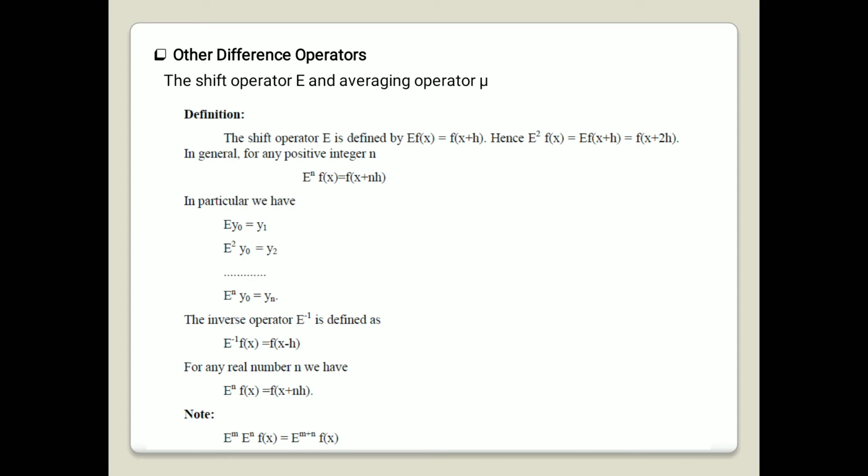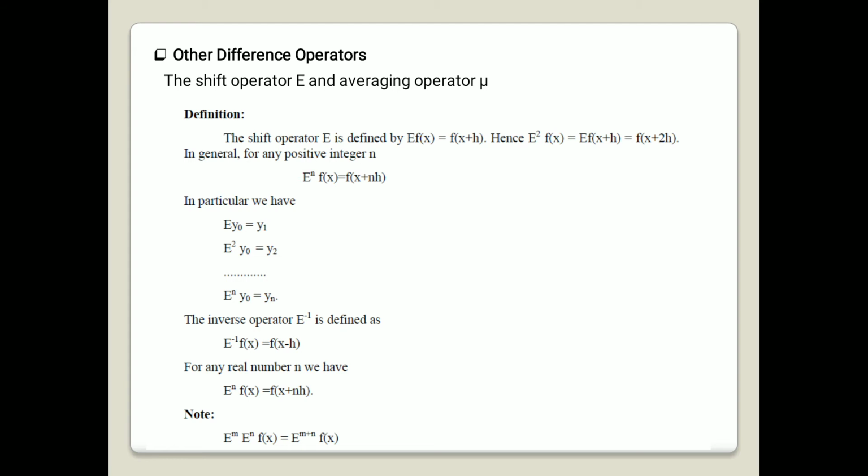It means here we have to take a decrement in the value of function f of x by the power of E. Here the power of E is minus 1, so we take a decrement in the value of x by 1h.